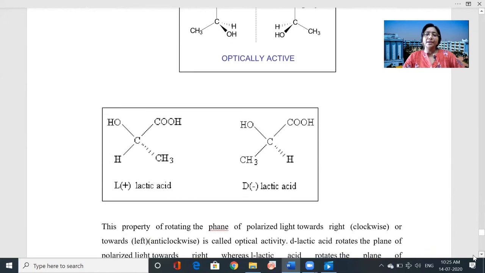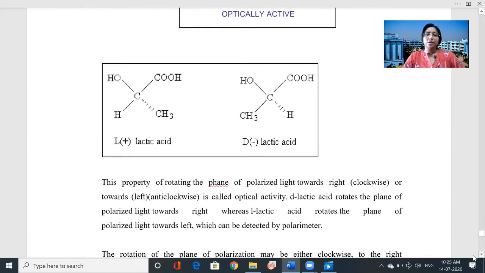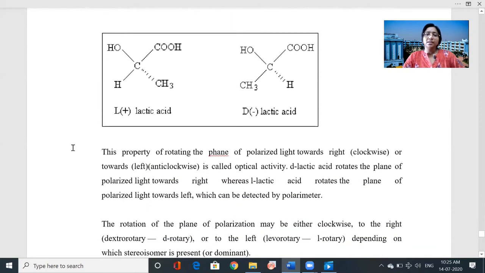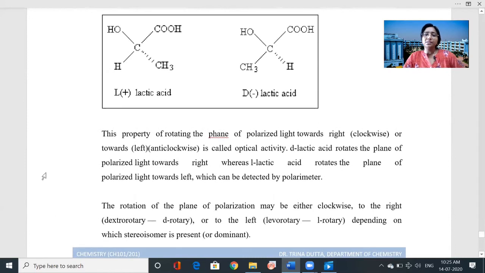Next is lactic acid. You can see the L positive lactic acid and the D negative lactic acid. These are isomers, the same formula, but the spatial arrangement is different.